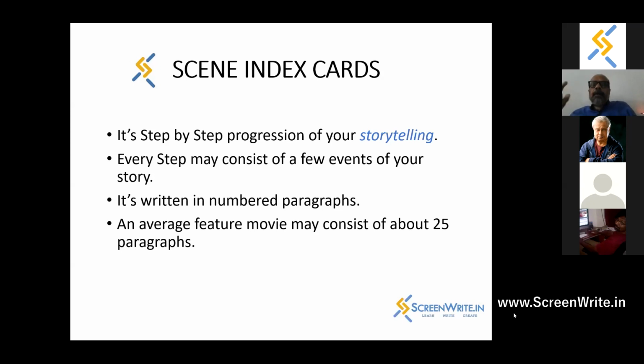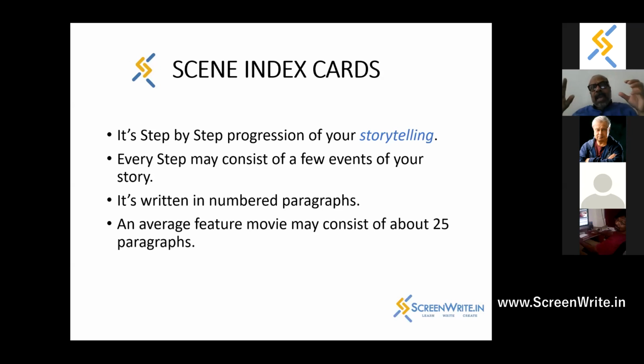You write a step outline, and the paragraphs are usually numbered, and an average feature step outline may have somewhere around 25 to 30 paragraphs of such consolidated events. Each paragraph will be a bundle of 2 or 3 events. This is what we would have discussed in our earlier workshops.